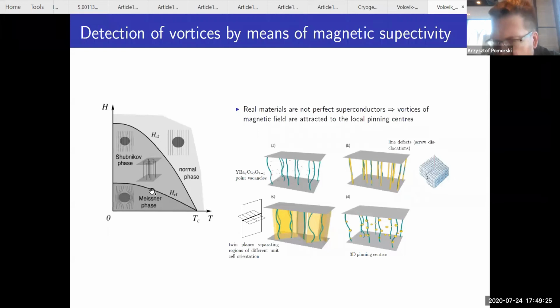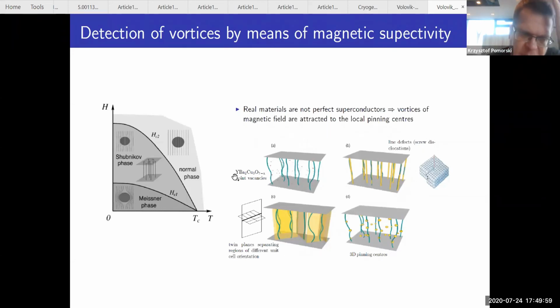There will be screening currents that try to compensate the magnetic field that was imposed on the superconductor from outside, in such a way that there's almost zero magnetic field in the interior of the superconductor. These current densities are quite high close to the boundary between the superconductor and vacuum, or non-superconductor.